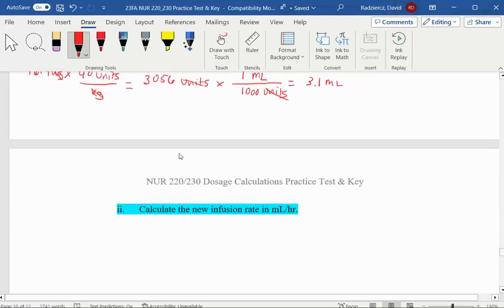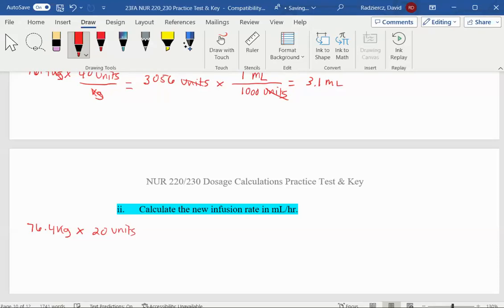And then for my new infusion rate, again, 76.4 kg times my new infusion rate, increasing 18 to 20. So 76.4 times 20 gives me 1,528. That's units per hour.